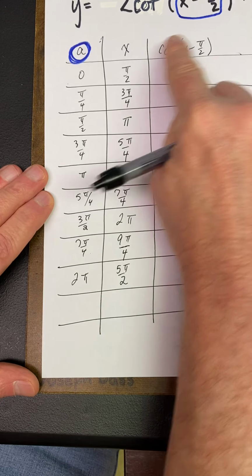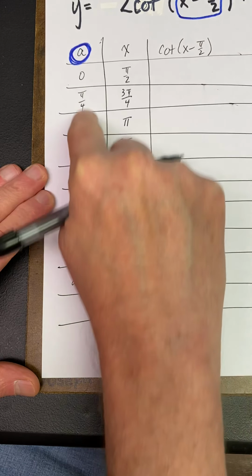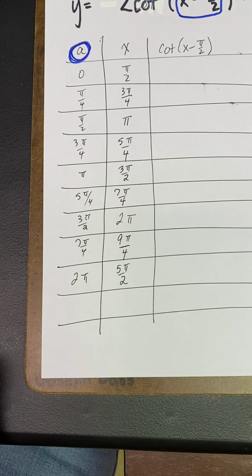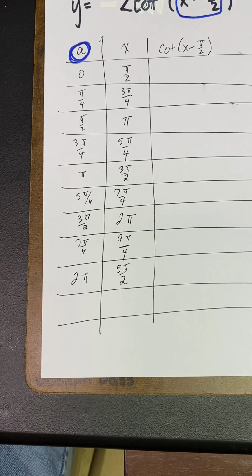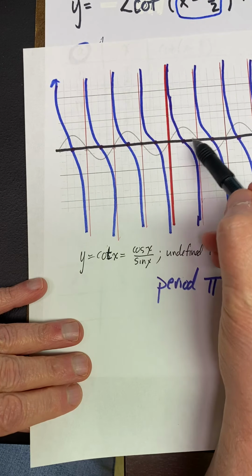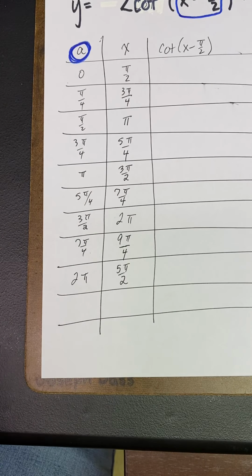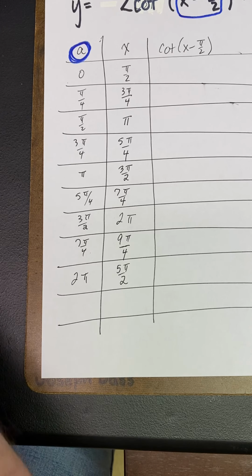Okay. Cotangent of x minus pi over 2. If I plug in this x, the argument, the x minus pi over 2, is going to be those numbers. Now remember, the cotangent graph kind of looks like the tangent graph, but the places where the cotangent is undefined are different. And it kind of swoops backwards from the tangent graph. My unit circle is on this table somewhere.